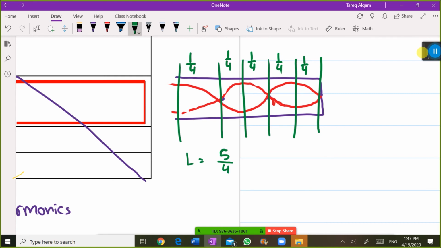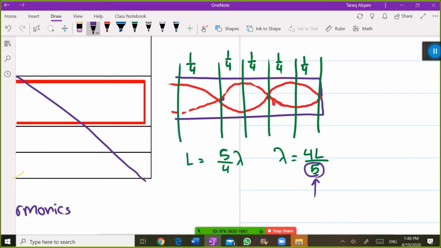So lambda equals 4L over 5. If I follow the pattern, I will observe that only the odd harmonics come out, not the even harmonics. Do you understand why we named them first, third, fifth, and so on?